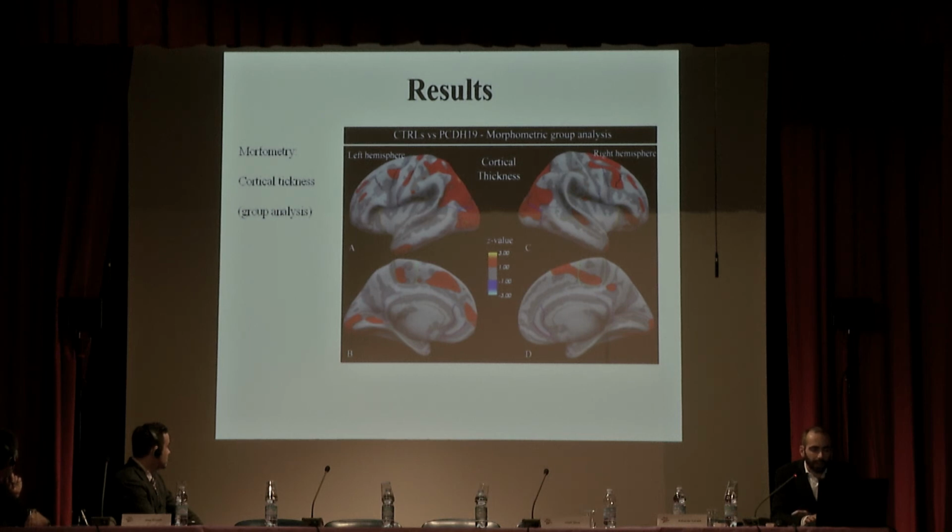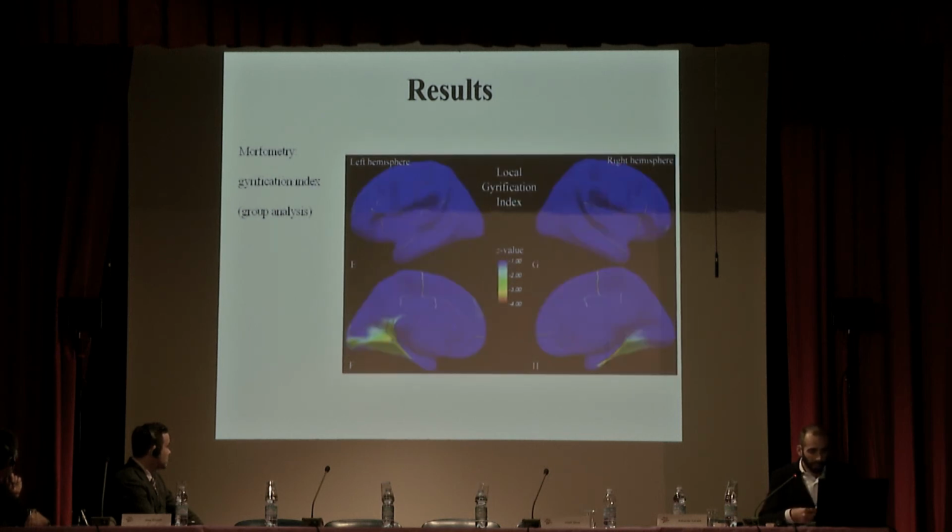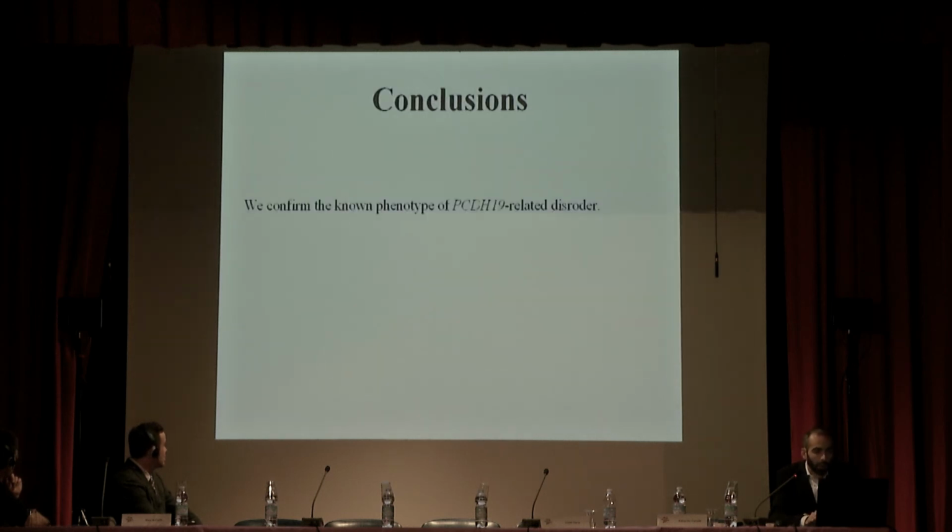The most interesting finding has to do with the gyration index, because as you can see, there is a very specific alteration which has to do with the temporal lobe, the parahippocampal convolution, and the gyrus. These patients versus healthy controls have a simplification of gyration in the areas that I have just indicated.